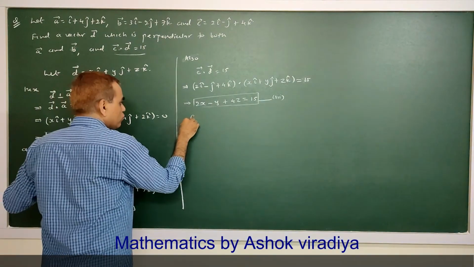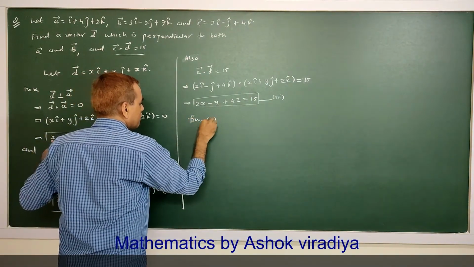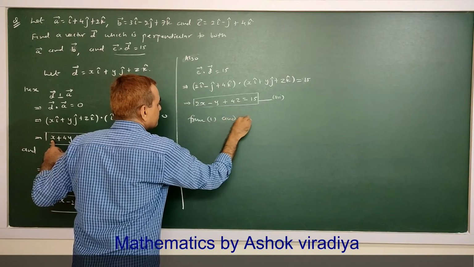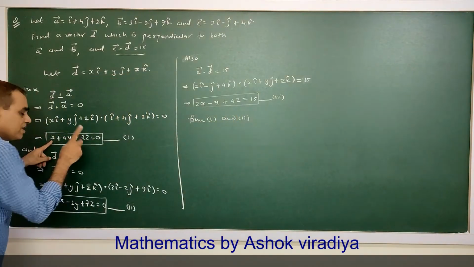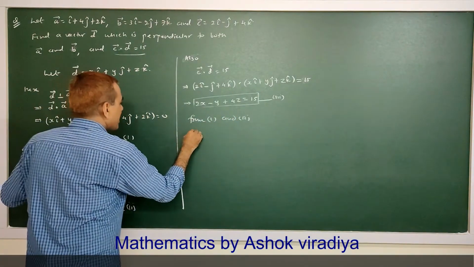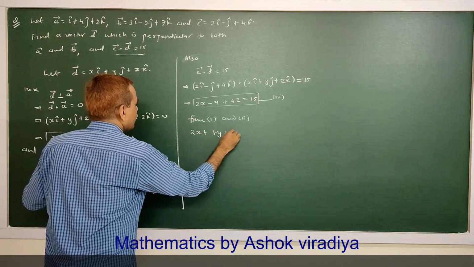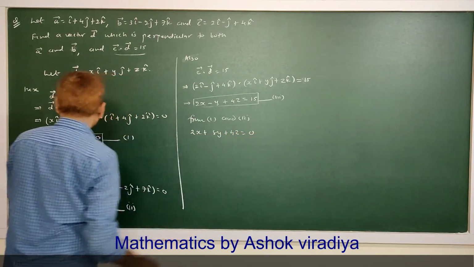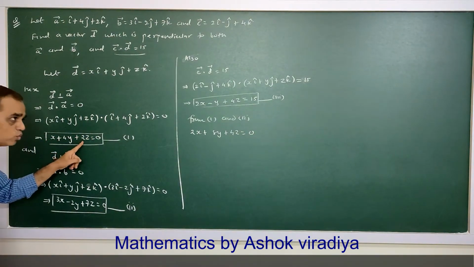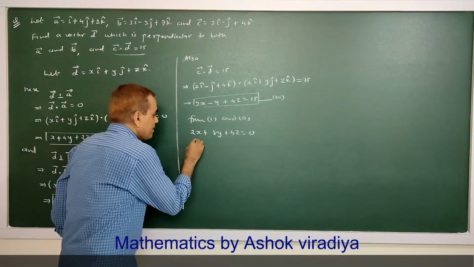So I am multiplying equation 1 by 2: 2x plus 8y plus 4z is 0. This equation I keep as it is.